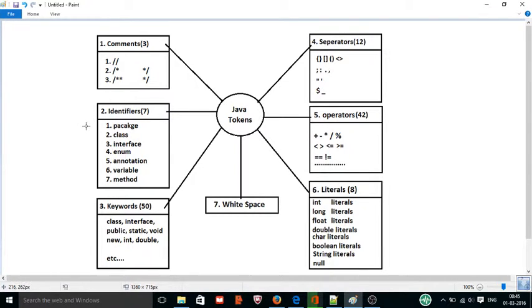We have given names to classes like class A, class B, class C, or class Student, as per the requirement, the names given by us. But here I'm going to tell you about the standard ways that are actually followed in the industry, or that must be followed in any project. This diagram clearly says that there are seven identifiers in the Java language, and we have to name them in the standard way.